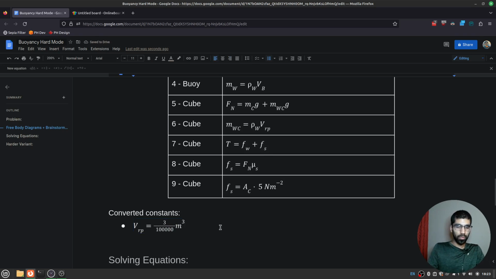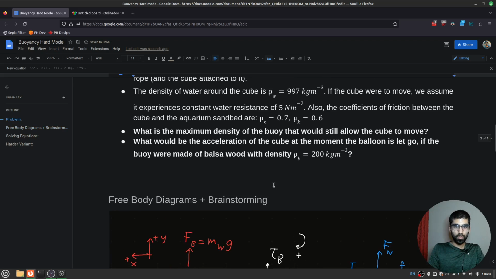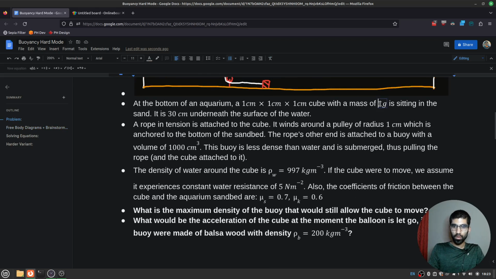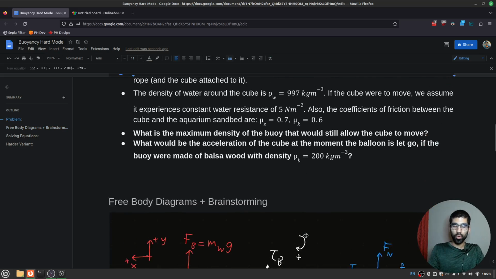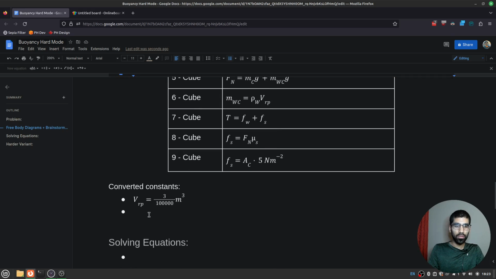Alright, what else do I need to convert? The mass of the cube. So 1 gram is a thousandth of a kilogram, so I'll note that. So the mass of the cube is 0.0, or let me use fractions, 1,000th of a kilogram.